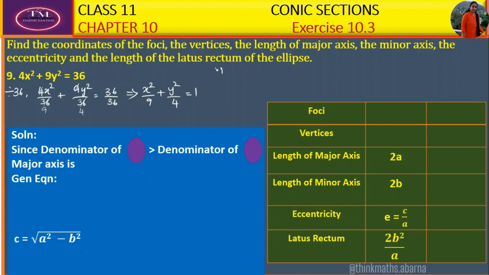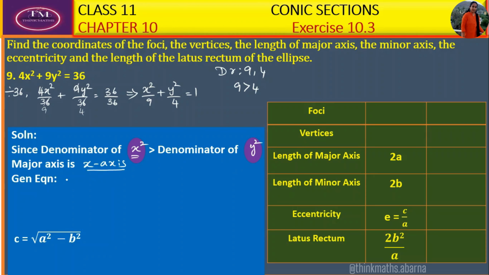Now, who are the denominators? Denominators are 9 comma 4 and 9 is greater than 4. The 9 is the denominator of x square. So denominator of x square is greater than denominator of y square. That means major axis is x axis.